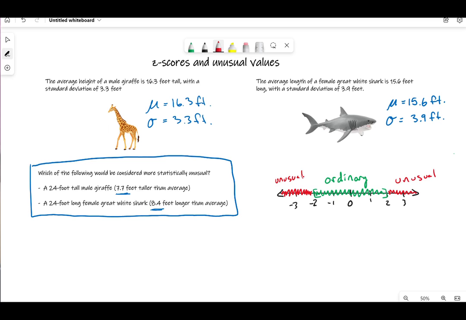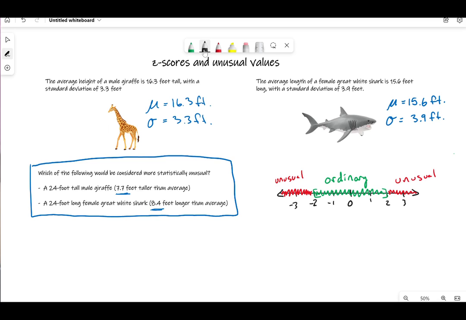So we abbreviate that by calling it z-scores. The z-score is this unit of measurement, and it's not measured in feet or miles or pounds or ounces. It's measured in number of standard deviations. It is the standard statistical unit, and it allows us to compare values from different sets.